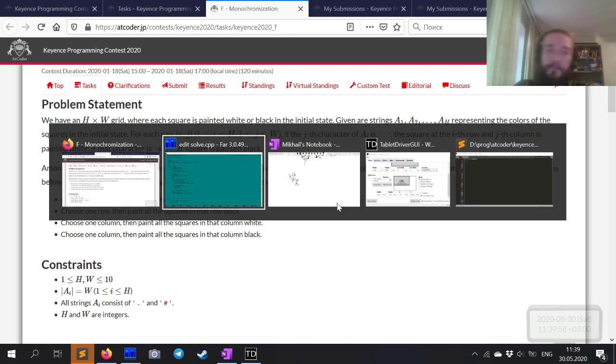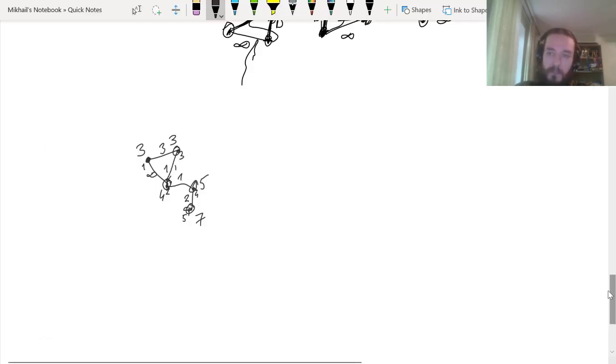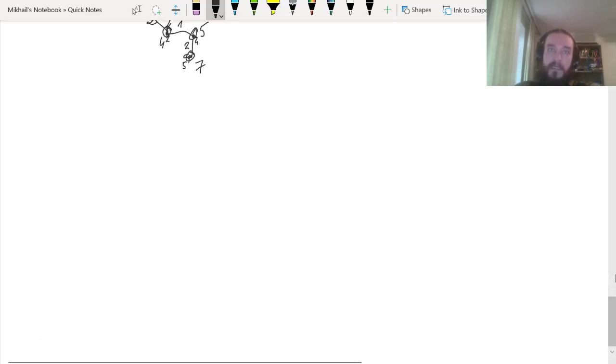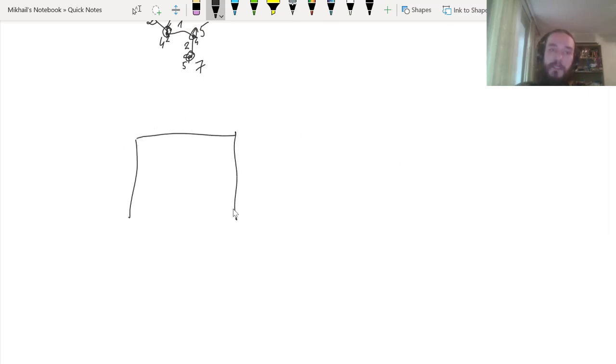Okay, so with these kind of problems, what you usually look at is the last operation you make, right? So the last operation you make, which one is it? It could be that there are no operations at all, in which case we just have the initial state, whatever it is. Some cells are painted. Otherwise, let's consider what was the last operation here.